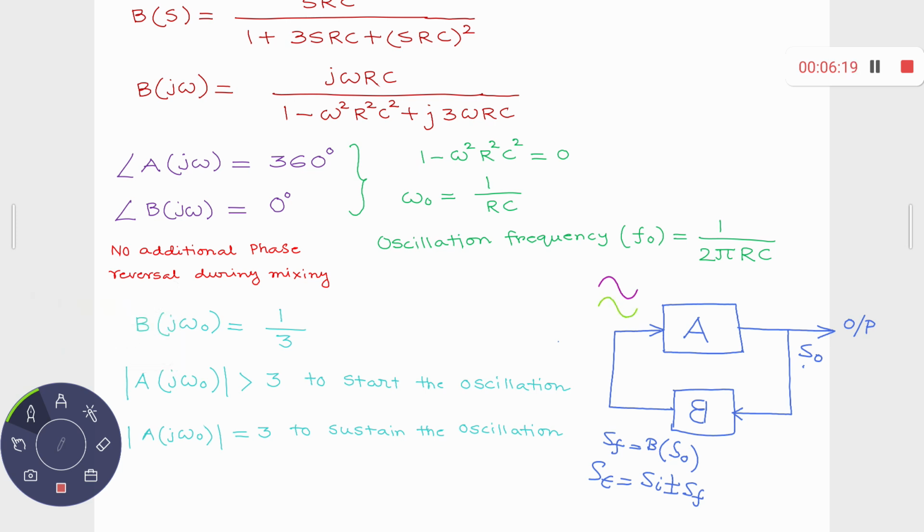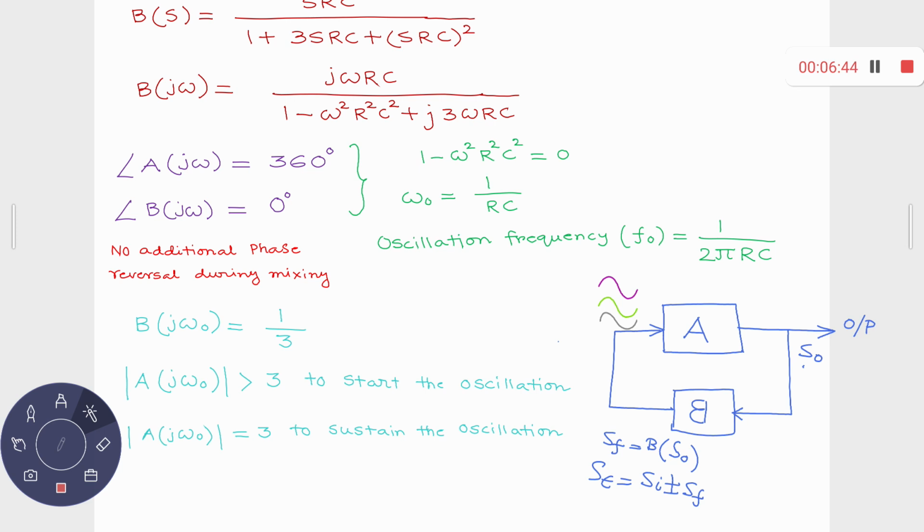Third instant, input is this. That means what? When a signal is traversing through this path, it will experience some gain as well as some phase difference through this A network.